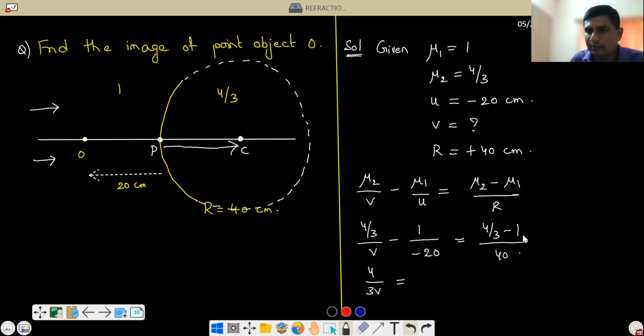It will go that side. 4 by 3, that means 4 minus 3, 1. 1 by how much? 120, correct? And this is plus minus 1 by 20. Okay. So if you calculate this one, you'll get the answer V is equal to minus 32 centimeters. Okay, minus 32 means which side?